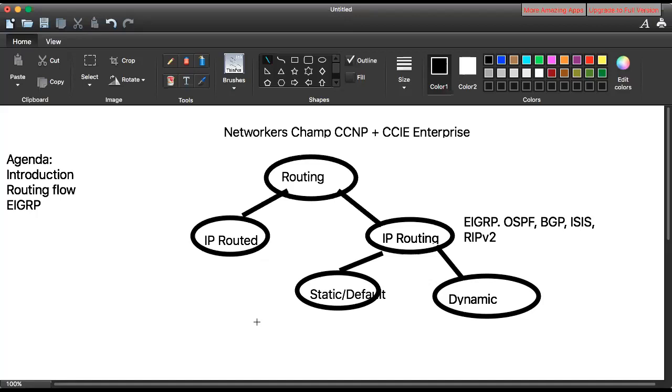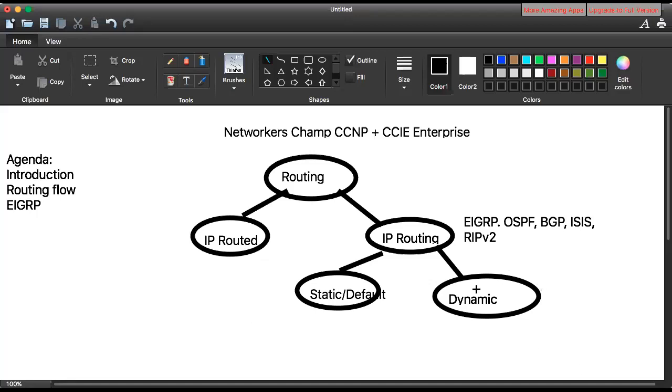The default is pretty much similar. Again, you have to make manual entries for the default network when we have one exit point to reach the destination, or maybe you want to send all the traffic towards one interface. We use default anyway; we're going to discuss it separately.